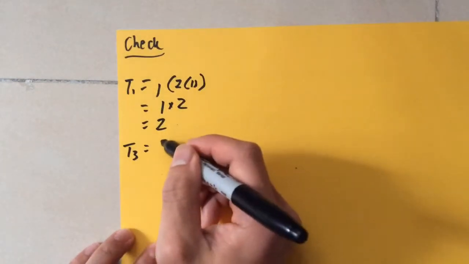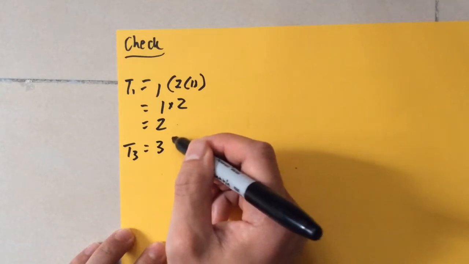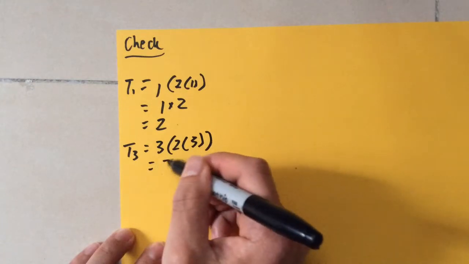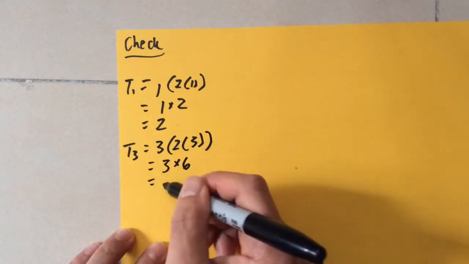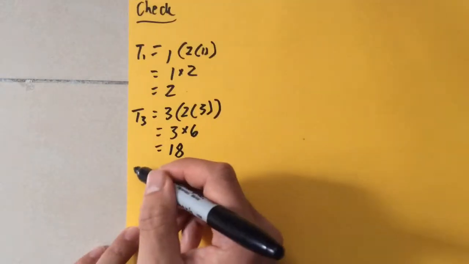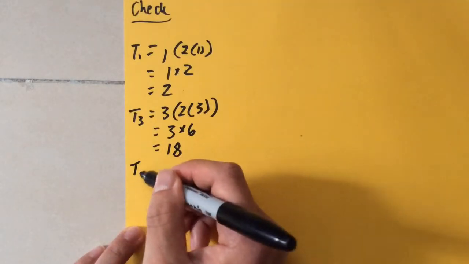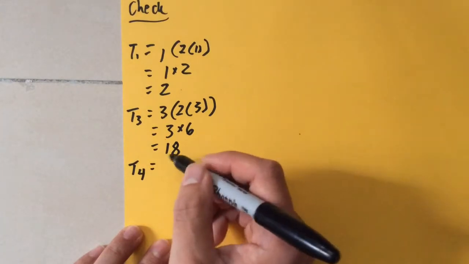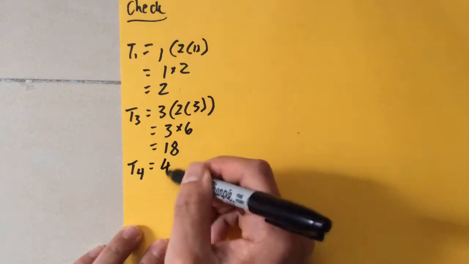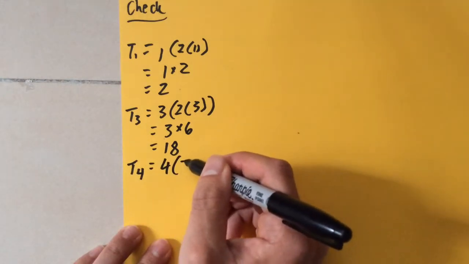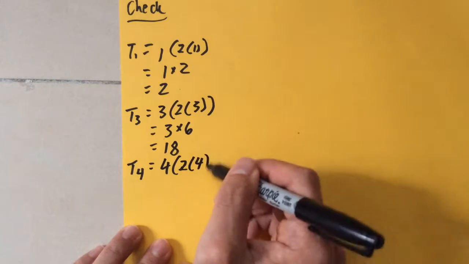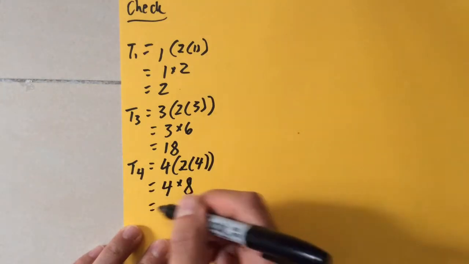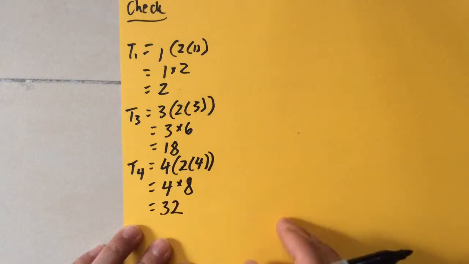For T3 we have 3 times 2 times 3, which is the same thing as 3 times 6, which is 18. Let's try it one more time. We'll use T4. T4 would be 4 times 2 times 4, and that gives us 4 times 8, and 4 times 8, of course, is 32.